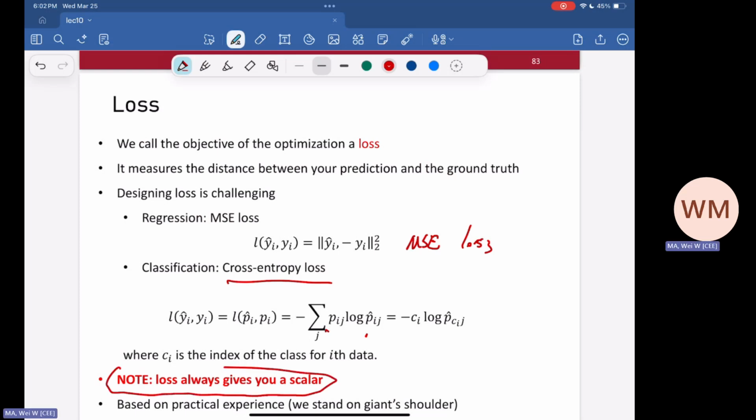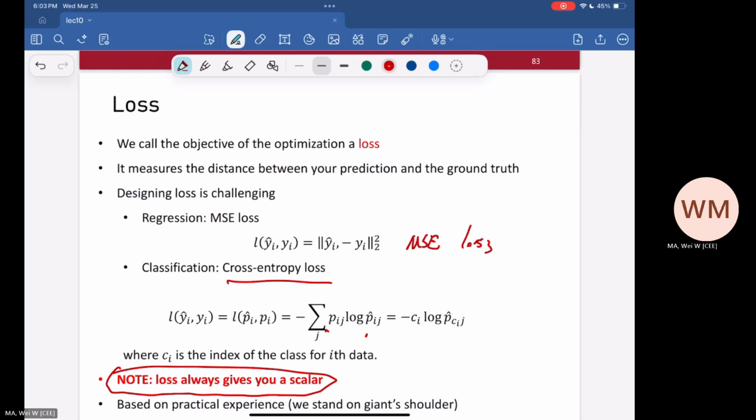I just want you to remember this key point: no matter what type of loss you are using, eventually it will give you a scalar. No matter how complicated your model is, at the end your objective should be a single number.